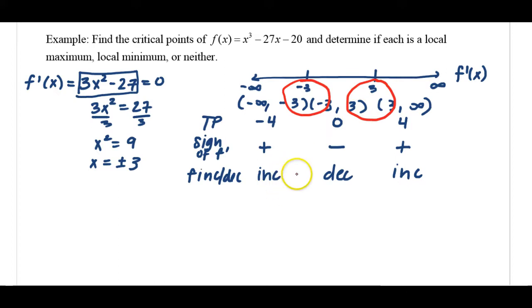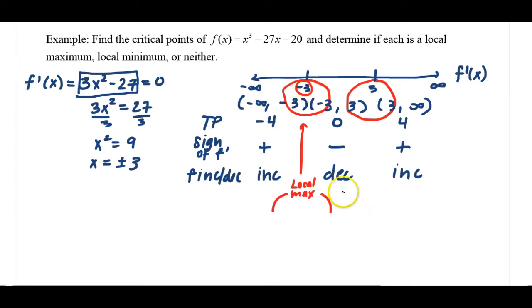So in this change from increasing on this portion of the graph to decreasing on this middle portion of the graph, well, a change from increasing to decreasing would give me a local maximum. So a local max is going to occur then at the x value -3, at the critical point -3.